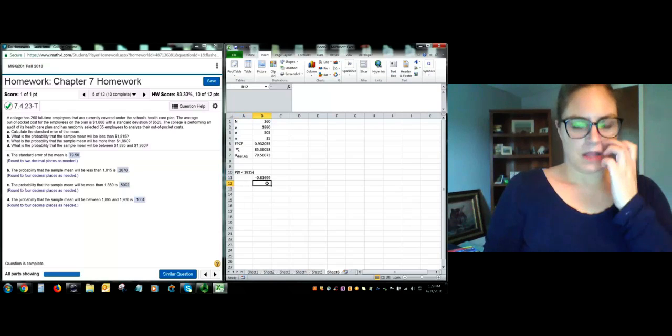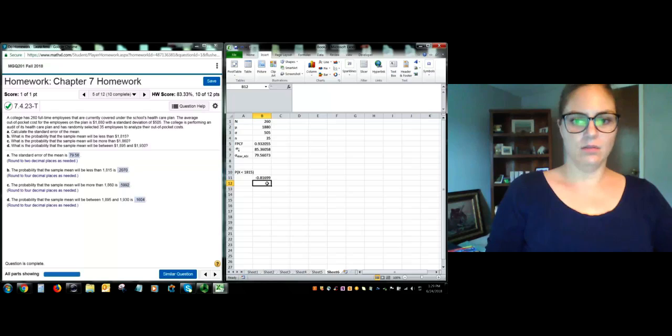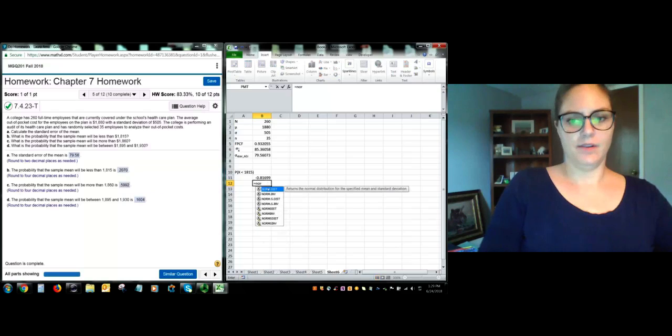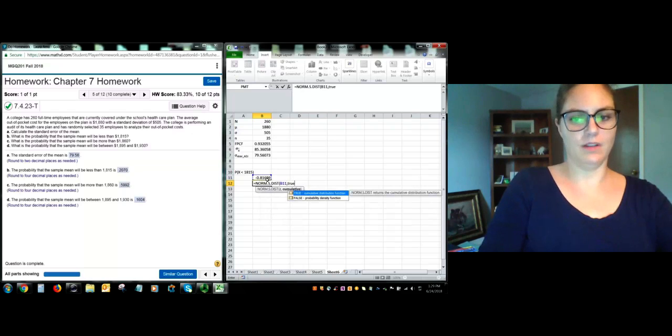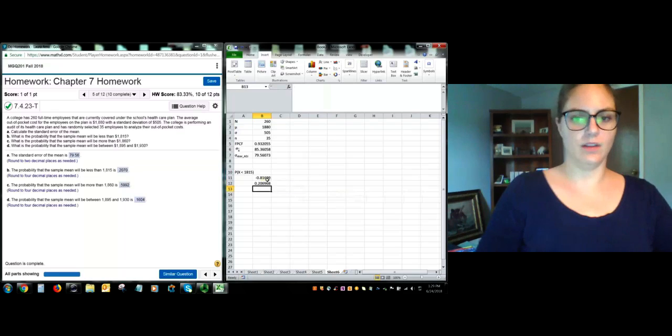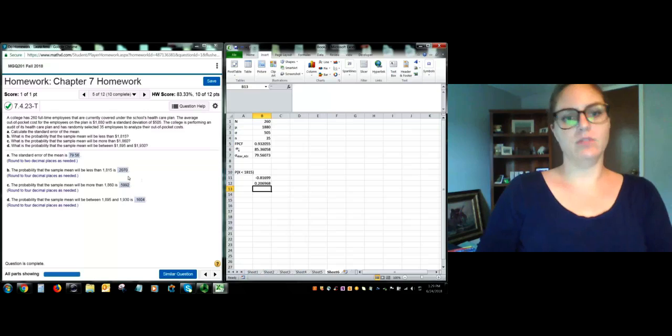Okay, so that's less than the population mean, and the probability of this being this z-score or anything below it is about 0.2070.